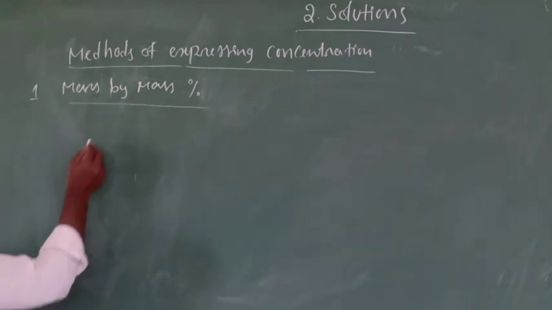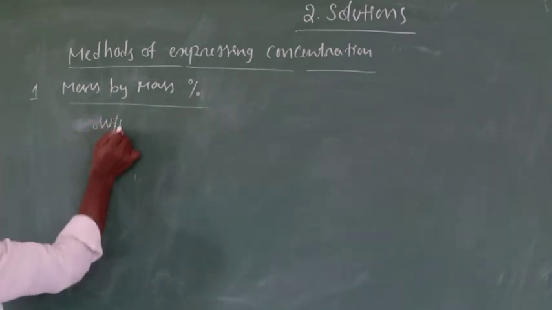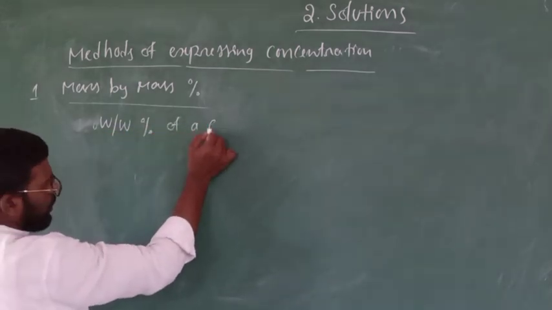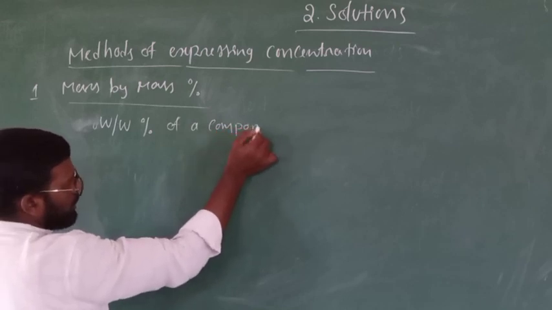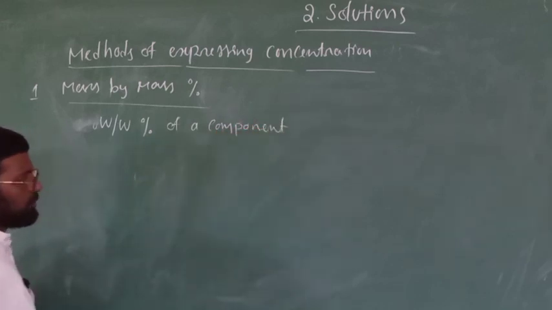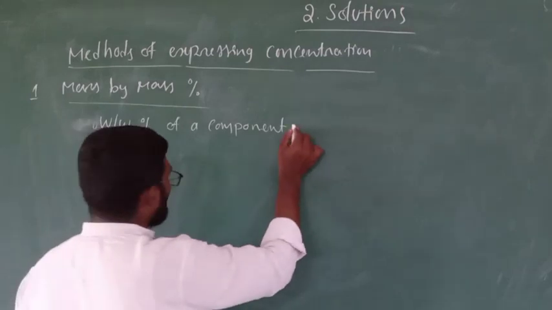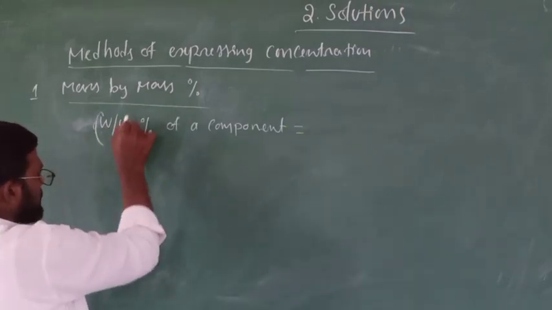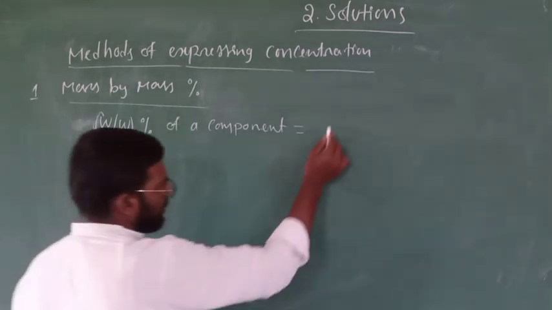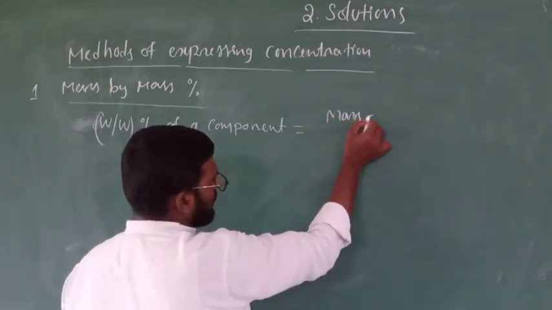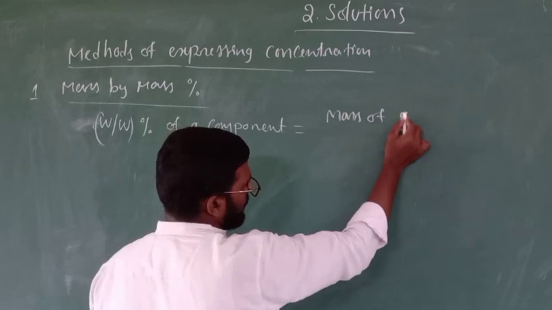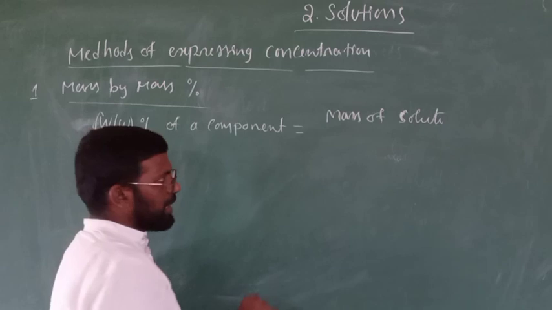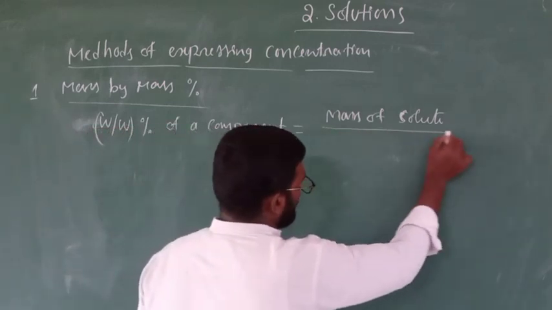To calculate this, we have a small formula. Mass by mass percentage of a component. Here component means solute. In most cases the component means solute. Mass by mass, W for weight or mass. Mass by mass percentage of a component is equal to mass of the component, otherwise I will write solute. In most cases we use this formula to calculate the amount of solute.